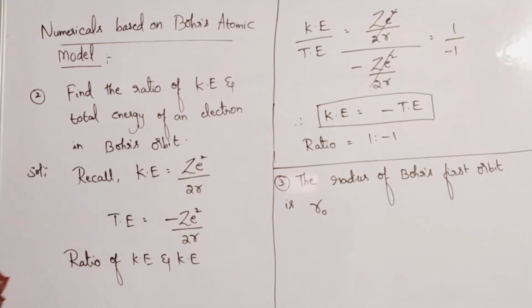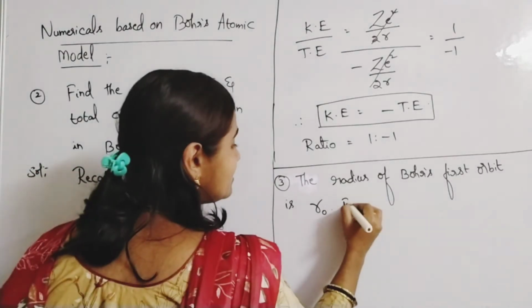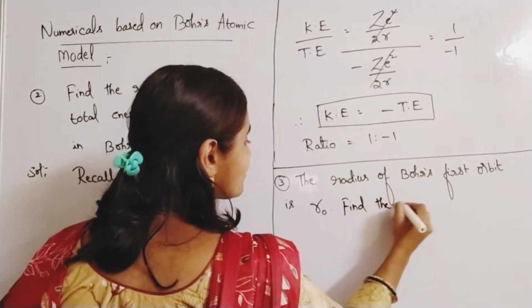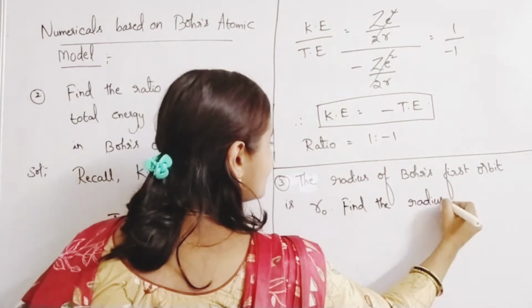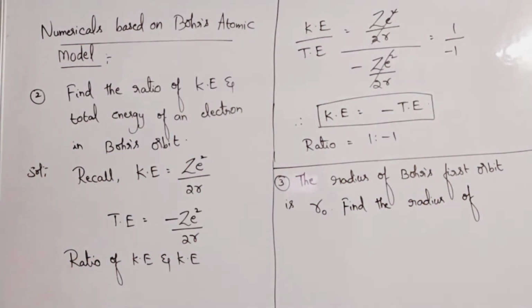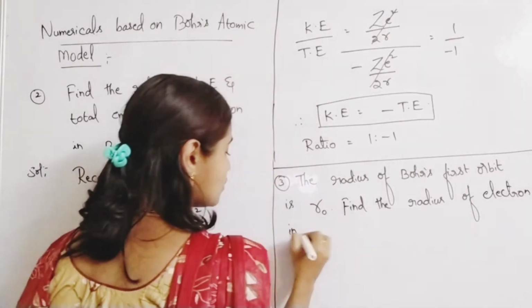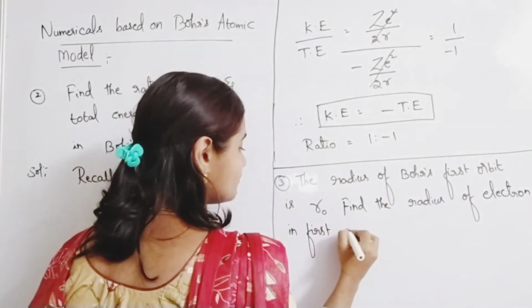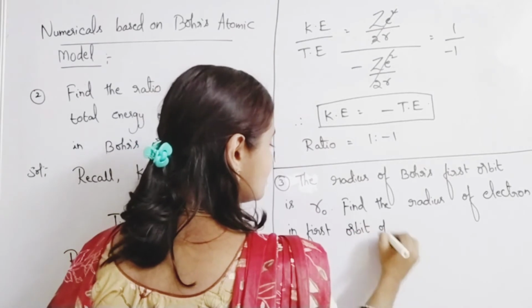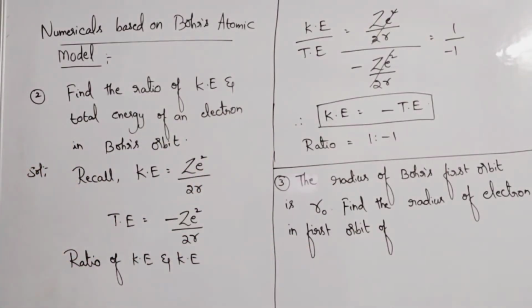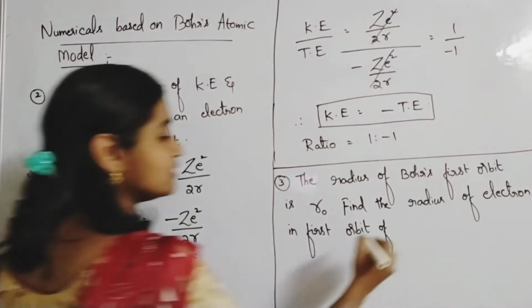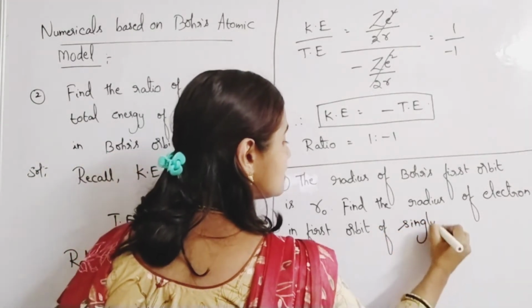Now what were we asked to find? We have to find the radius of electron in first orbit of singly ionized helium atom.